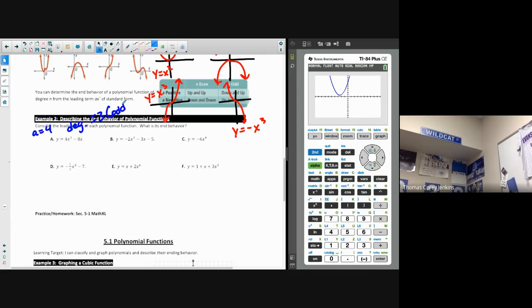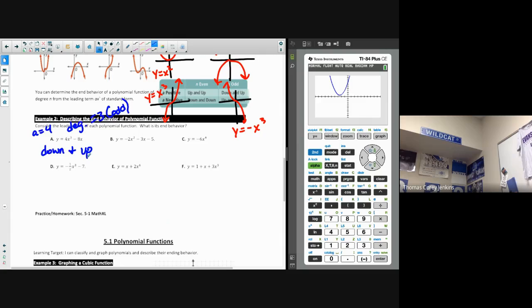So we are looking for the end behaviors for a positive A and an odd degree. Positive and odd, so that'd be just like that graph. It should be down and up. Okay, so hopefully that makes sense.